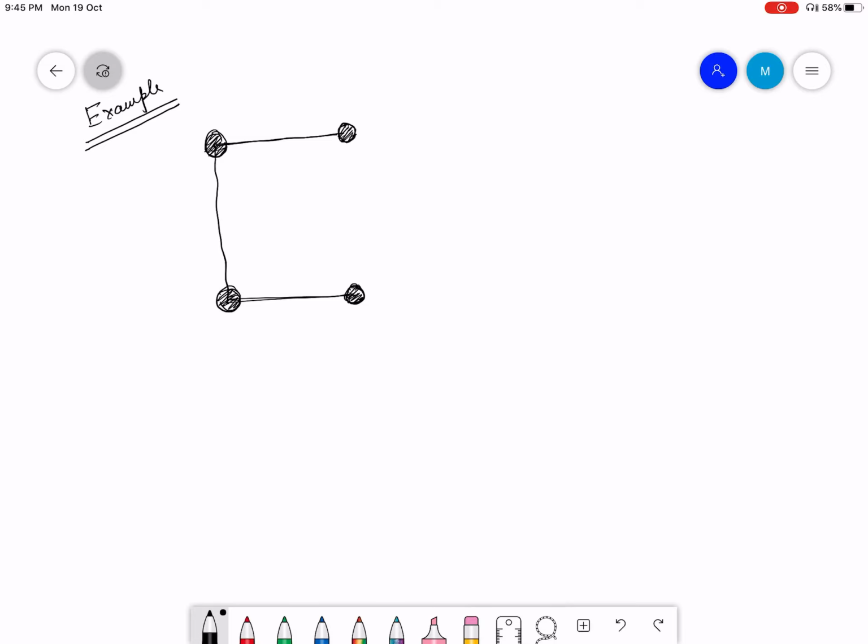Let me give the dimensions. All dimensions are in millimeters. This is 200 millimeter, this is 200 millimeter, this is also 200 millimeter. It is a symmetrical cross section.